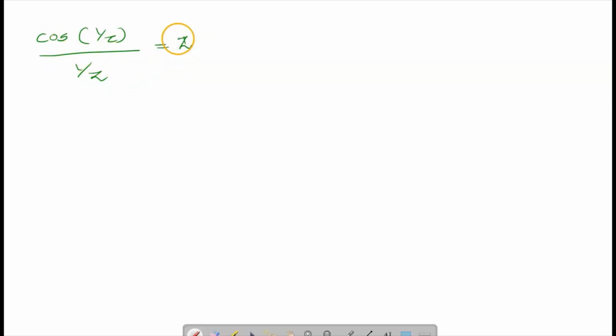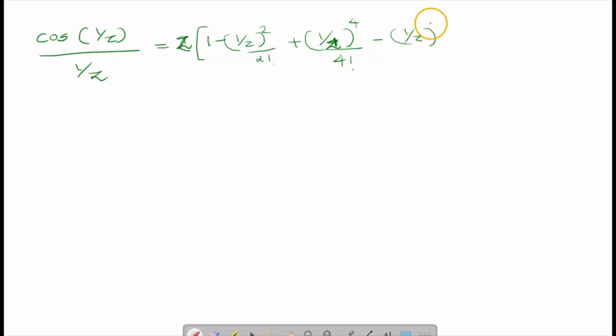Now, the expansion of cos 1 by z is 1 minus (1 by z) square by 2 factorial plus (1 by z) raised to 4 by 4 factorial minus (1 by z) raised to 6 by 6 factorial plus etc. Now multiply it with z.